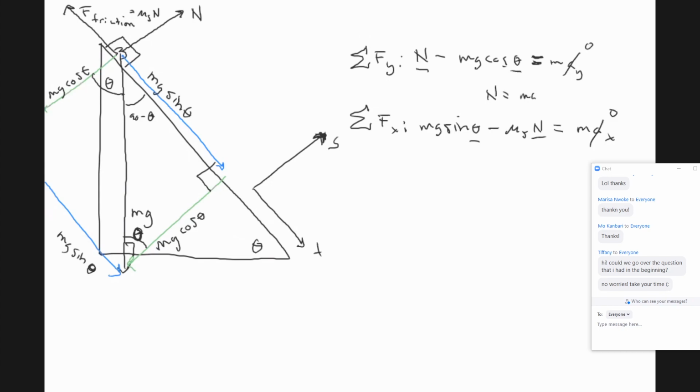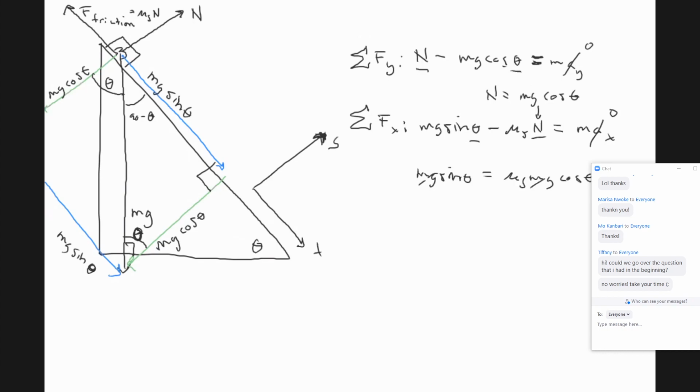And the acceleration in y is 0. And in the problem, it's before it begins to slide, so it's basically resting. Then we substitute it in here. That's how you get mg sine theta is equal to mu s mg cosine of theta.